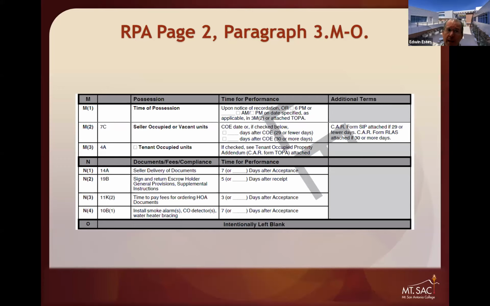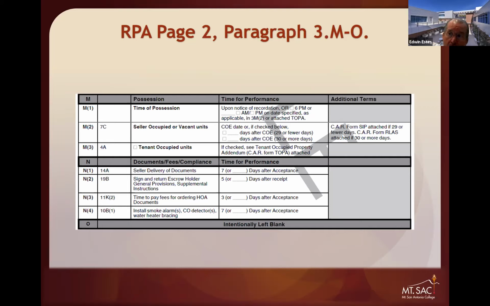So it's spelled out. Now, M3, this is a big one. Tenant-occupied units. If you've got a property with a tenant in there that you're buying, you need to check this box, and then the TOPA is supposed to attach. What's the TOPA? Well, the TOPA says that the tenant will remain unless you check the box.